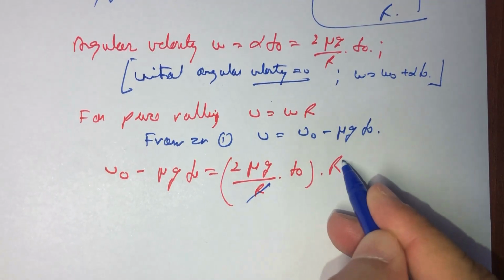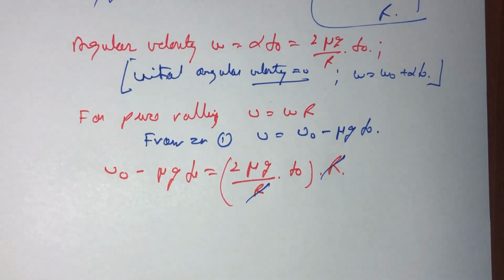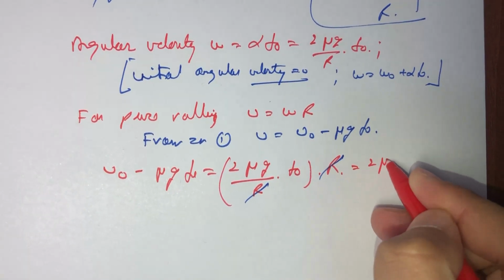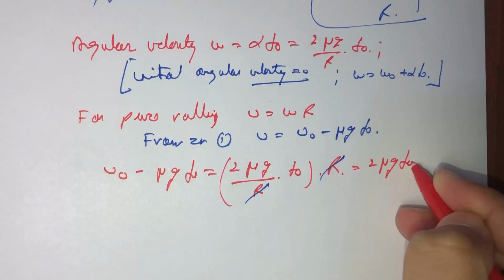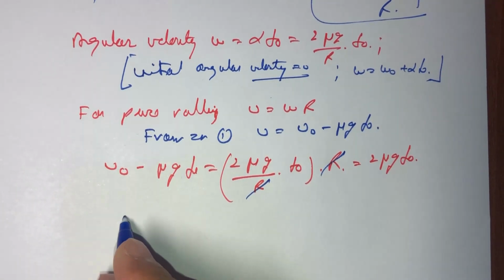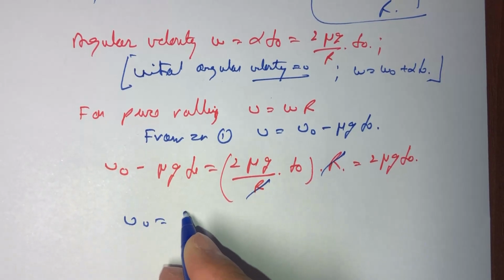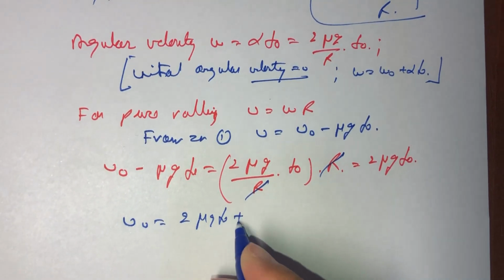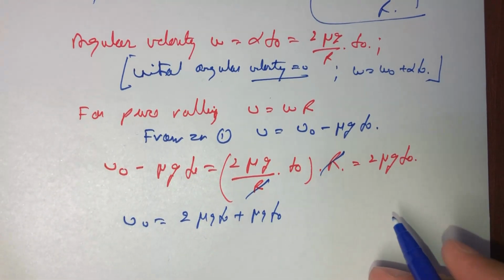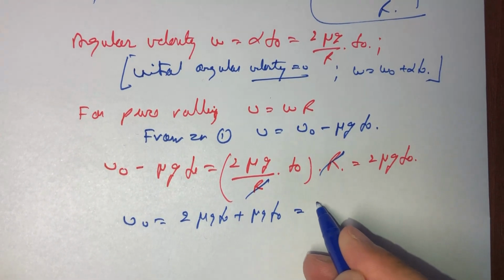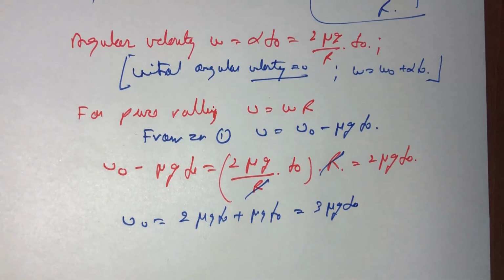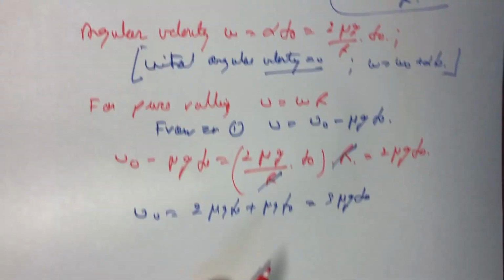So this r cancels out with r, and on the right side we are left with 2 mu g t naught. So from here we can write that our v naught will be equal to 2 mu g t naught plus mu g t naught. So this gives us 3 mu g t naught, and from here we can find out t naught.